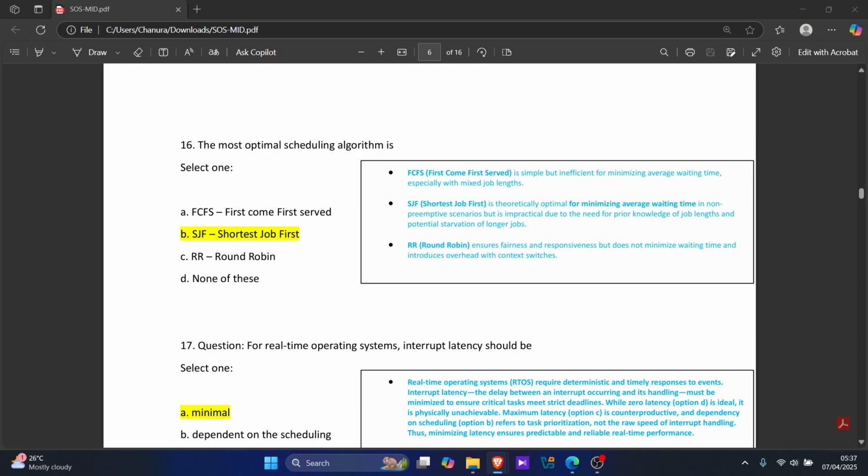Therefore, the answer should be B, SJF. But the question says the most optimal scheduling algorithm, and if the answer is D, that implies none of the listed algorithms are optimal. Which might be the case if considering other factors or if the optimal algorithm isn't listed. Wait, the possible optimal algorithms could be multilevel Q, SRTF, etc., but they are not listed here. So if the correct answer is D, because the actual optimal isn't listed, but in the options given, SJF is optimal.